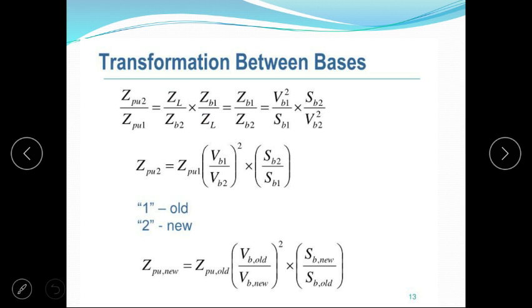Now dividing the first and second equations, we obtain Z per unit 2 upon Z per unit 1 is equal to V base 1 upon V base 2 square into S base 2 upon S base 1, where 1 is the old value and 2 is the new value. So Z per unit new is equal to Z per unit old into V base old square upon V base new square into S base new upon S base old.